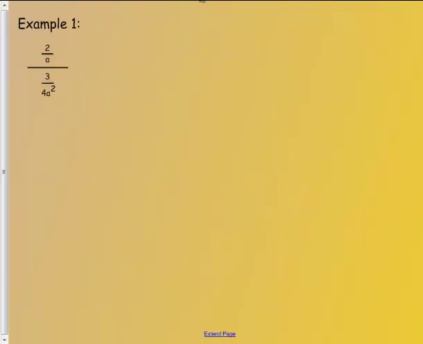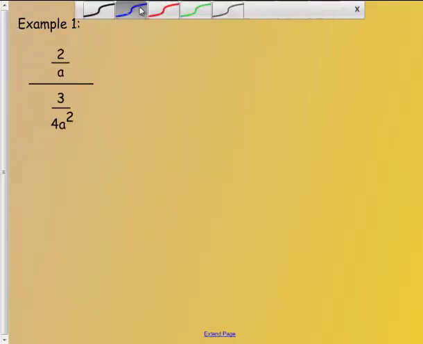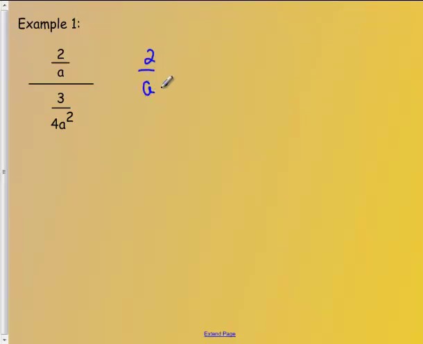All right, so let's look at our examples for today. If we wanted to rewrite this, we could certainly rewrite this as 2a divided by 4a squared over 3. We know division turns into multiplication. And now I can cross cancel.